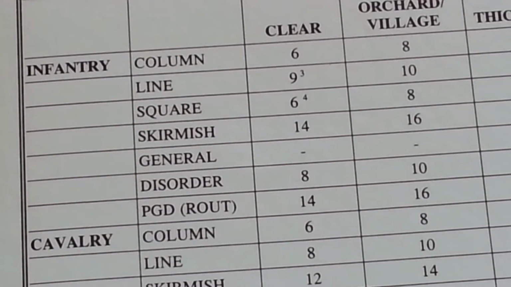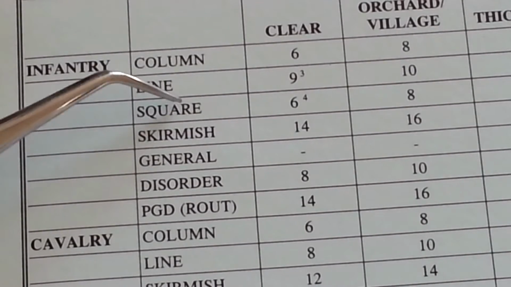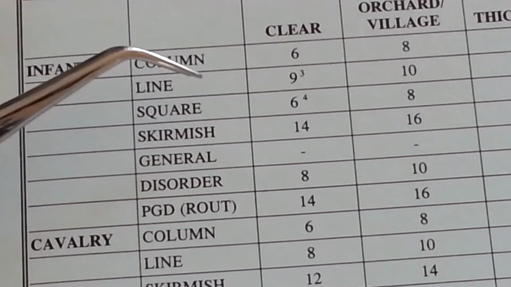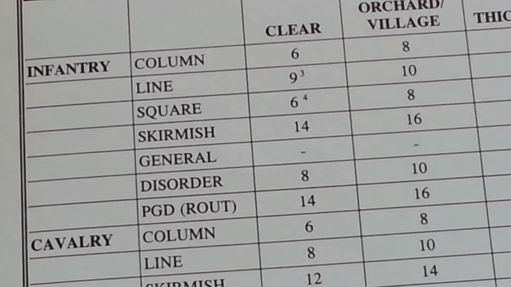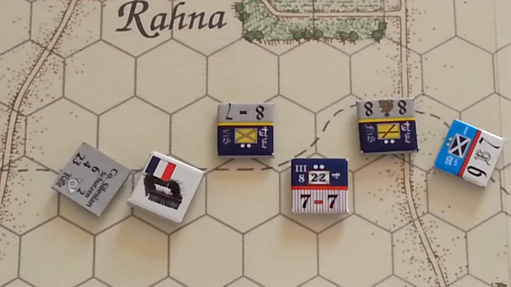It's equal to a column, but in many titles the square defense is somewhere around a 4, just indicating that it's very vulnerable to fire attack. And like any formation, the more increments you have stacked in your square, the more dangerous it is for the unit. It also has the dice modifier for increments above 9.